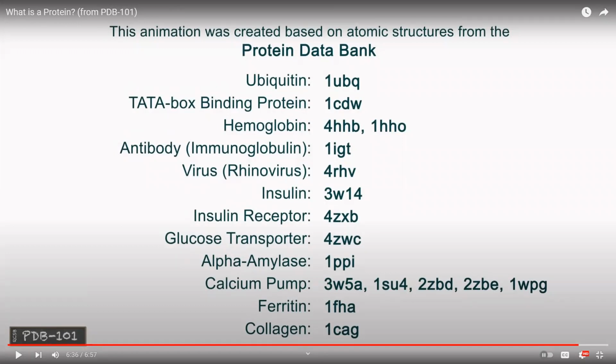And if you're just wondering what is the Protein Data Bank, I can also show you that, if you want to see.